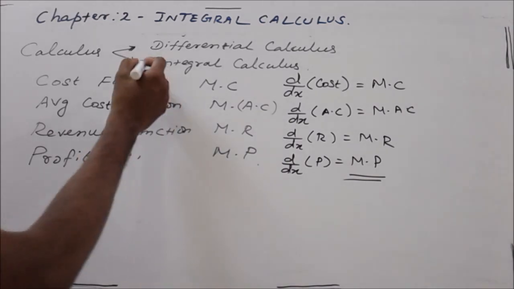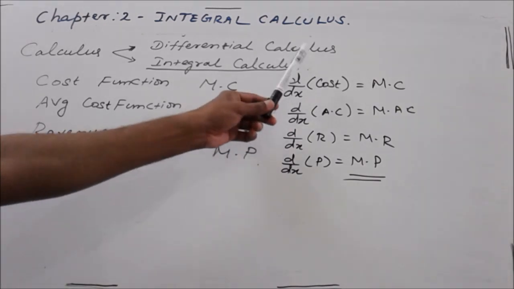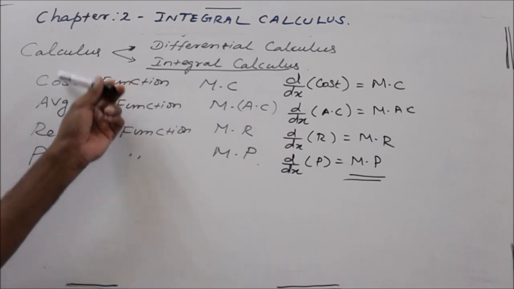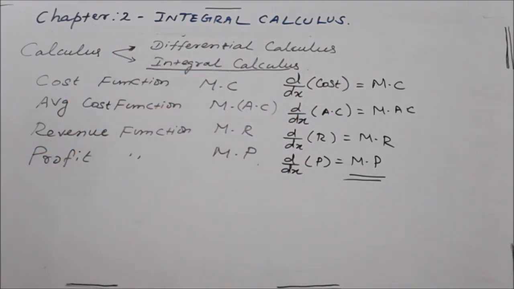Now, integral calculus is known as antiderivative. That is, we are approaching the original function from the derived quantity. So, this integral calculus is also known as antiderivative. Calculus divides naturally into two parts, namely differential calculus and integral calculus.